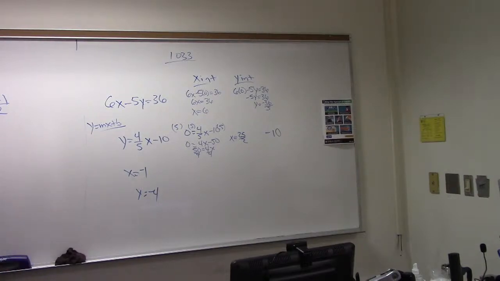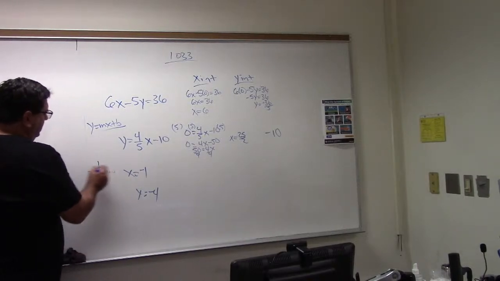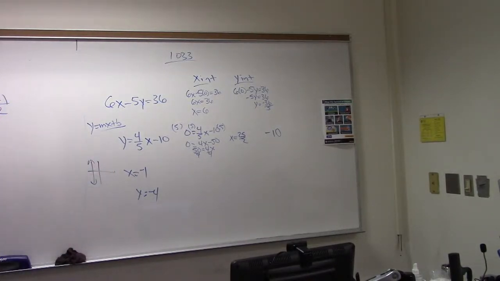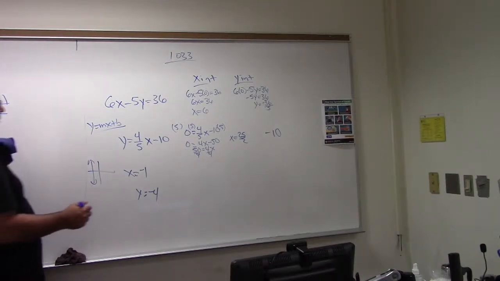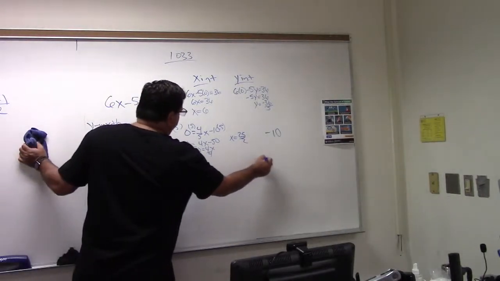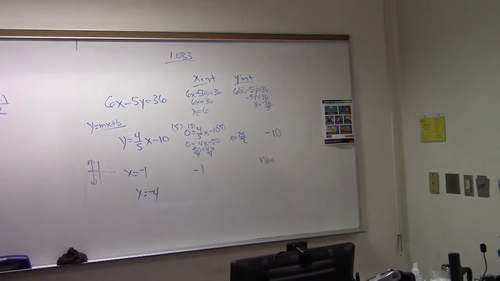All right. X equals negative 1. X equals negative 1 is a vertical line. So the x-intercept is negative 1. The y-intercept does not exist. It does not cross the y-axis at all.